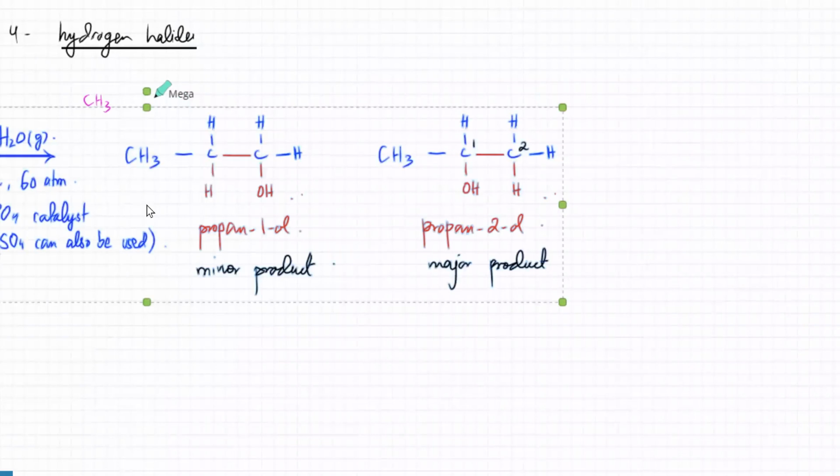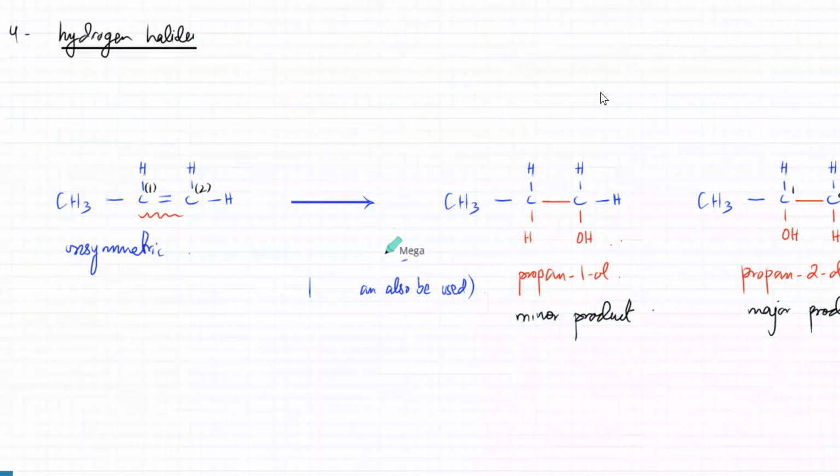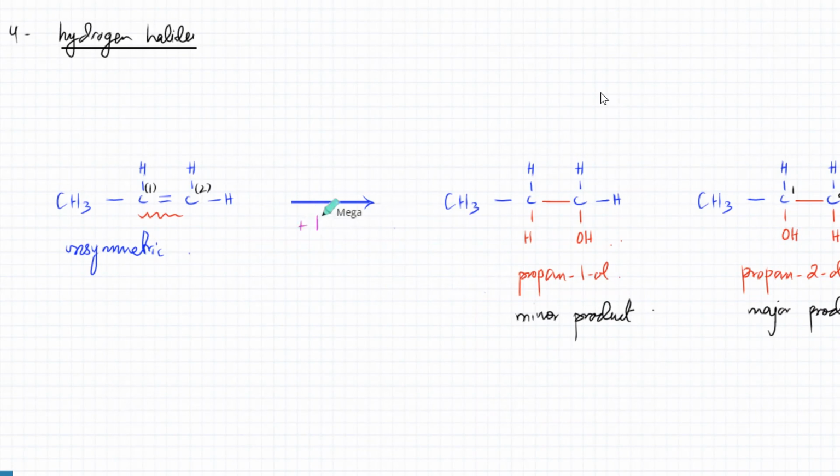So if I have a reaction with, let's say, HCl, the conditions are kind of irrelevant. Usually they happen at RTP, or maybe some sort of heating is required. What will happen is, instead of H and OH, it's going to be H and Cl that get added.